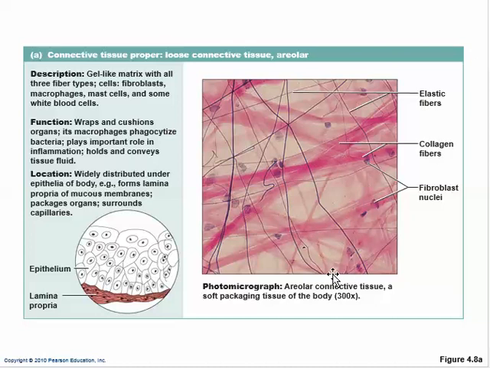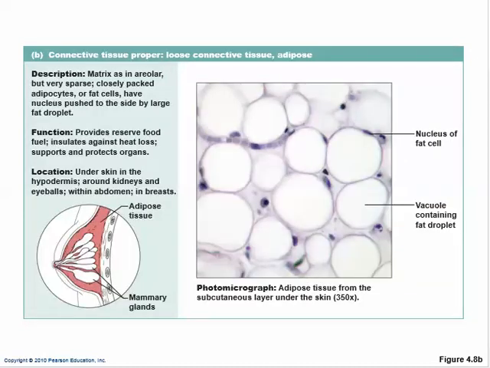So that's what makes it loose, and that's what makes it connective tissue. Adipose is loose, and all those big vacuoles contain fat. You don't see a lot of cells. You see mostly non-cellular stuff.